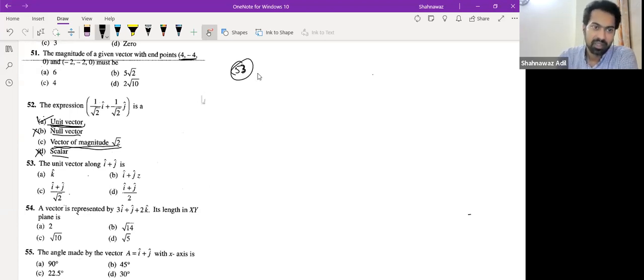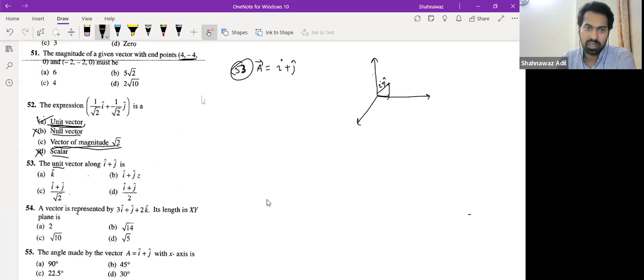So let's do this problem, 53. So I plus j, this is some vector, and we have to calculate the unit vector along I plus j. Let's say I is this much and j is this, so this would be I plus j.